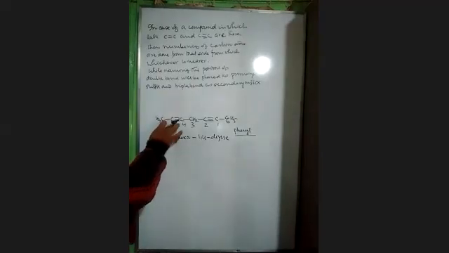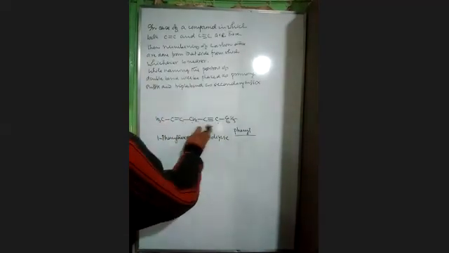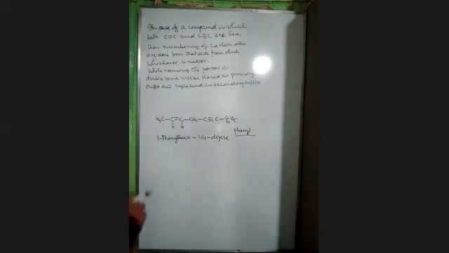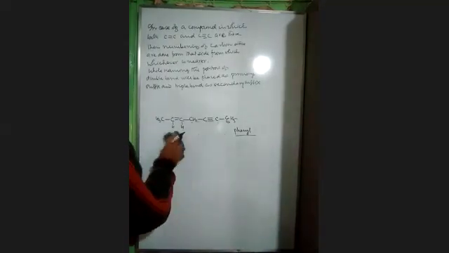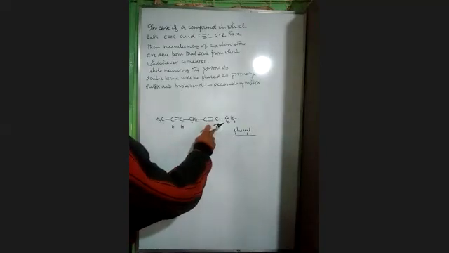Okay, suppose I have taken this. See here. So in this case, what did you find? Double bond starts from second carbon, triple starts from first carbon. So what will be the name now?